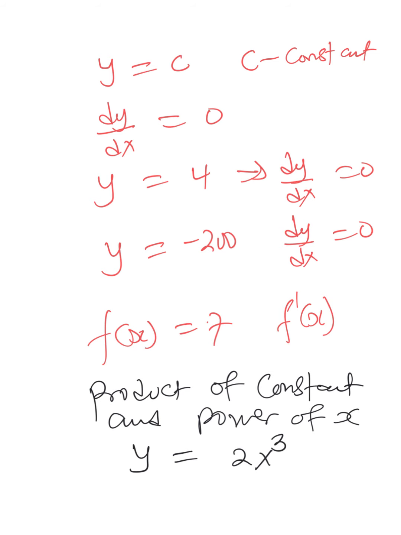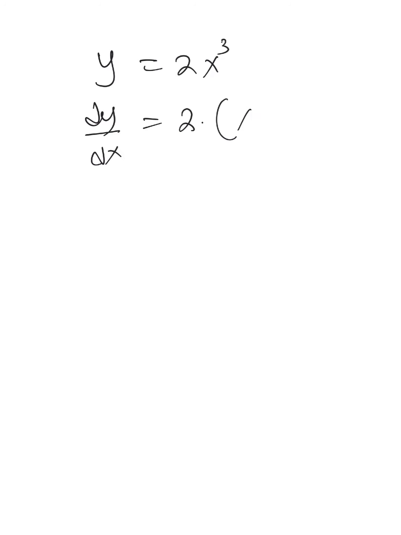How do we find the derivative when you have a coefficient and then a power of x? The constant becomes a coefficient. We have y is 2x cubed. So dy by dx, the constant is not affected, that coefficient remains, and then we go ahead and find the derivative of x cubed.